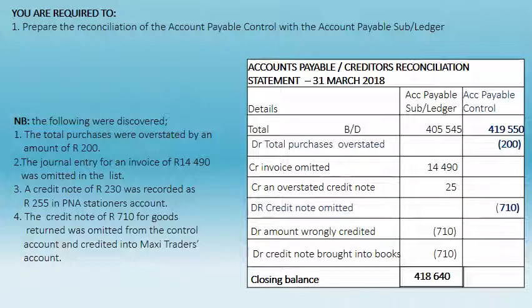We do the same thing with the accounts payable column. We will calculate the closing balance of the control account on the reconciliation. It also gives us a closing balance of 418,640. Therefore, after reconciliation, our accounts are now reconciling.